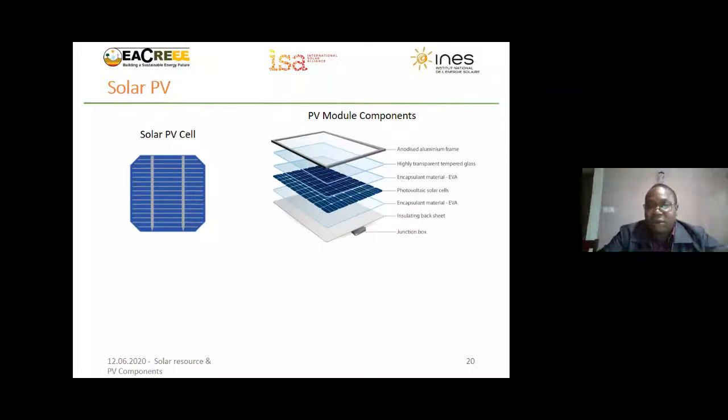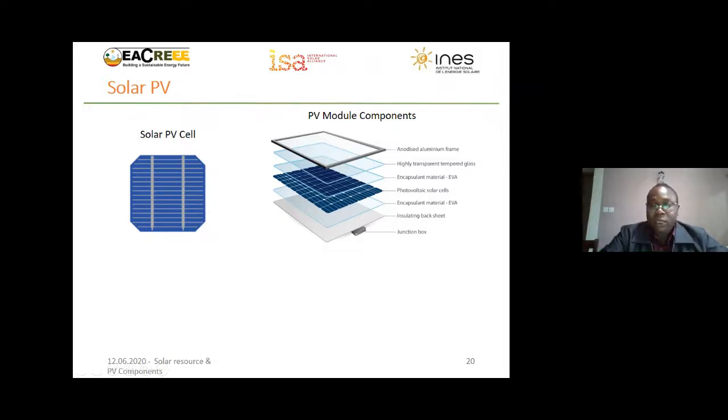Of course, because of the fragile and delicate nature of the solar cell, it has to be protected well. So usually a solar module has a framework, mostly made of aluminum frame. Then we have on top transparent glass that allows the penetration of solar radiation. And at the bottom, usually we protect it, sometimes with glass and of course some insulation.